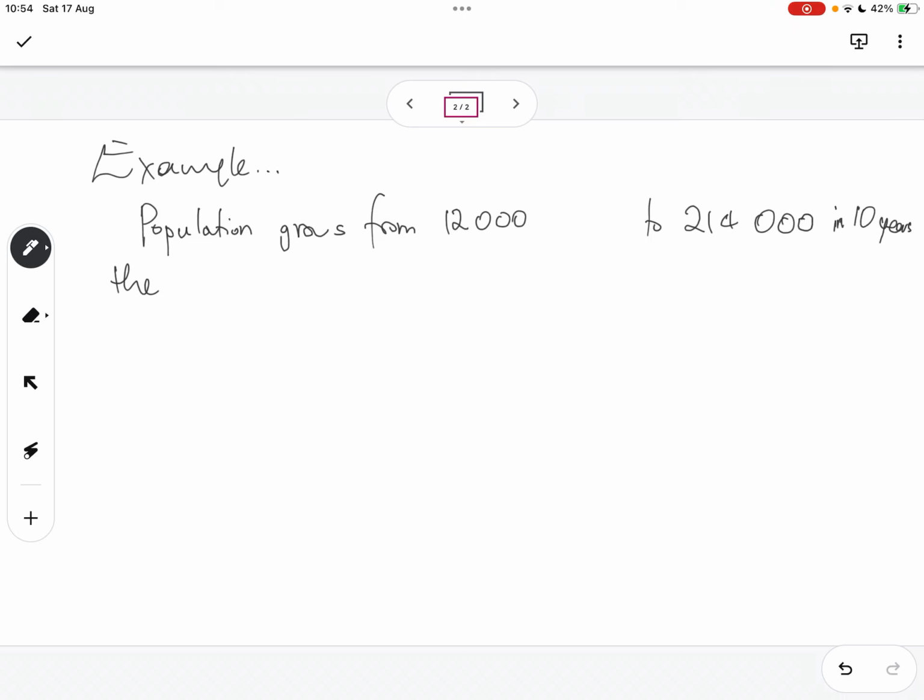This is in 10 years, ne? So that's important. We must find the compound annual growth rate of the population. How do we find that? Which formula are we going to use, simple or compound?